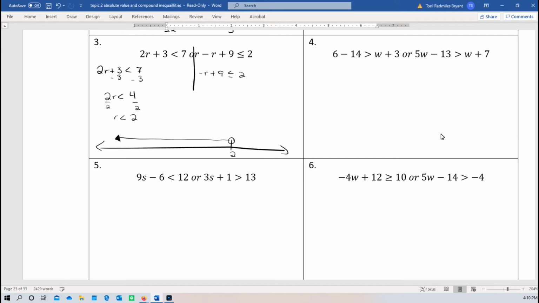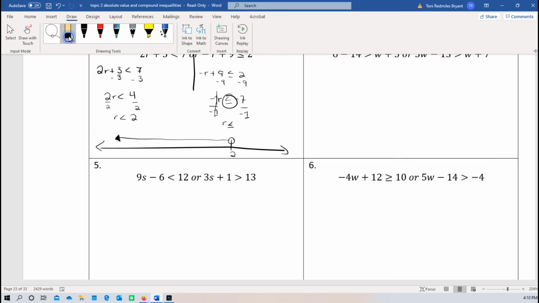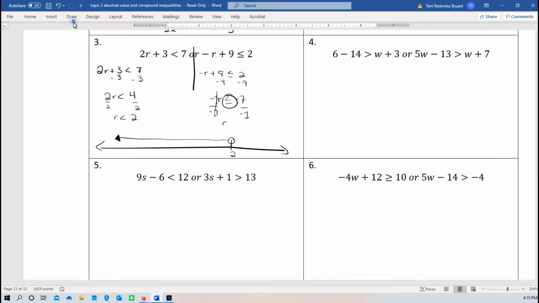Alright, so the 9 is being added to the r, so I have to subtract it from both sides. And that is going to give me a -7. I also have an understood -1 here, so I need to divide out this -1 on both sides, okay, so that I find that r is less than or equal to, oh, I divided by a negative and I forgot to circle it, but I caught that my answer didn't make sense.